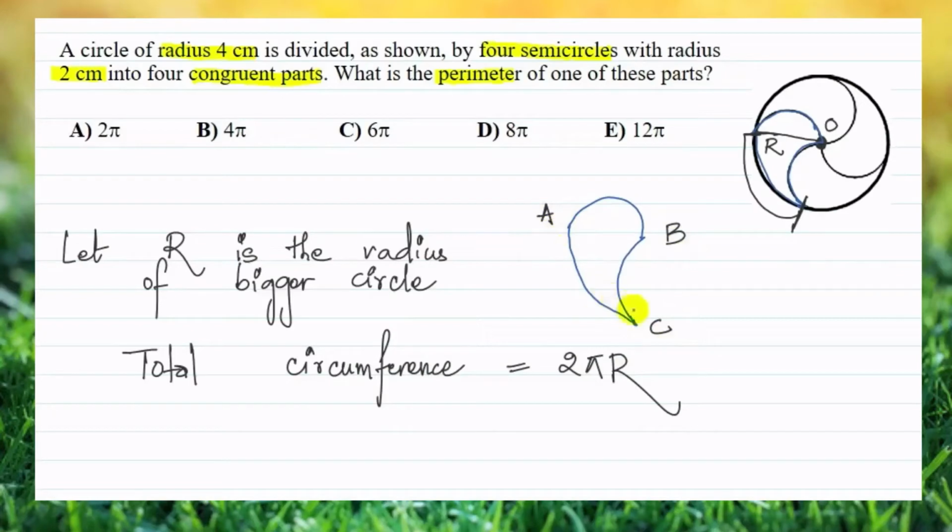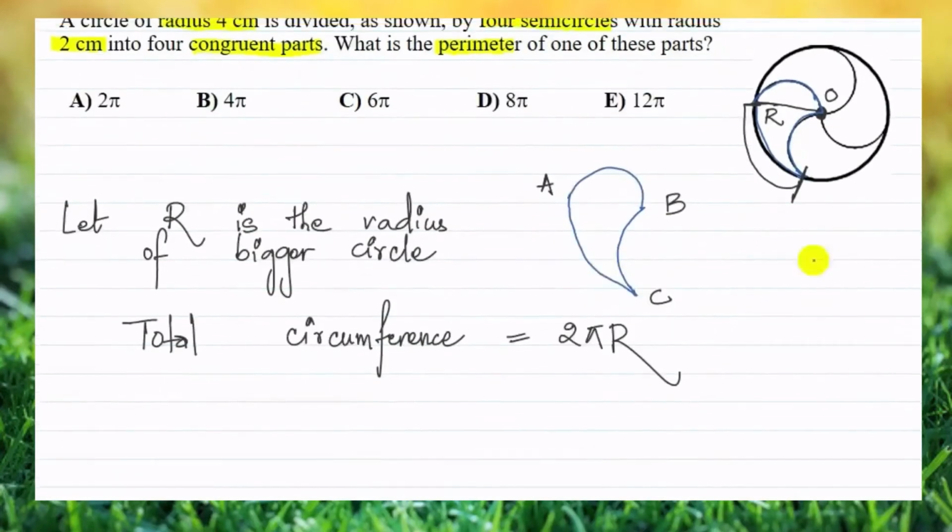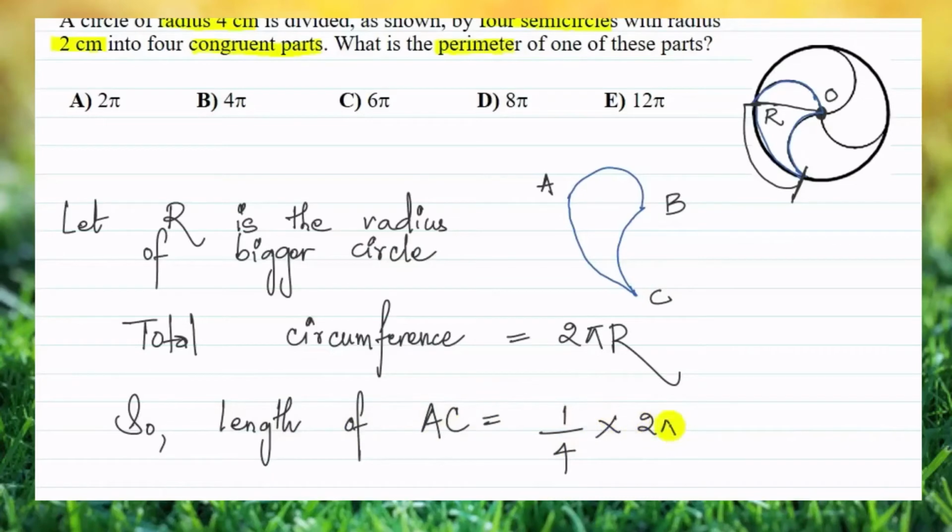What is the length of AC? It is 1/4 of 2 pi r, because it is the 1/4 part. So 2 ones are 2, 2 twos are 4, and it is pi r by 2. That means I got the length of AC.